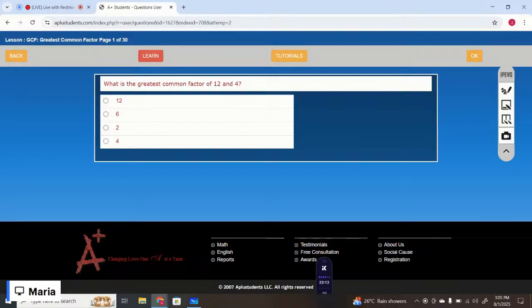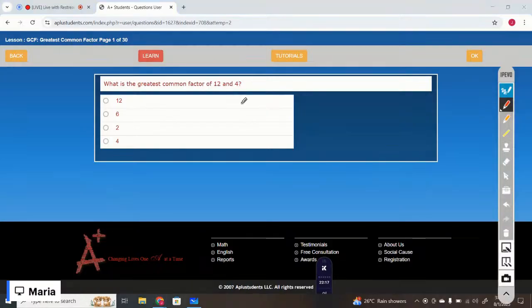Let's write down the prime factors. The prime factors of 4 are 2 times 2, and the prime factors of 12 are 2 times 2 is 4, and 4 times 3 is 12.